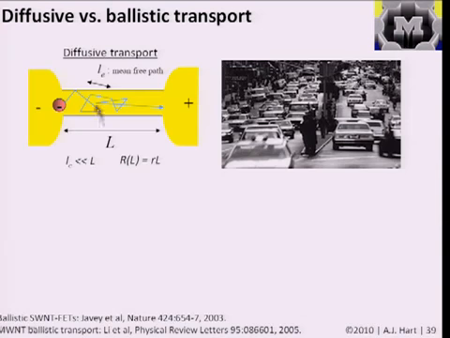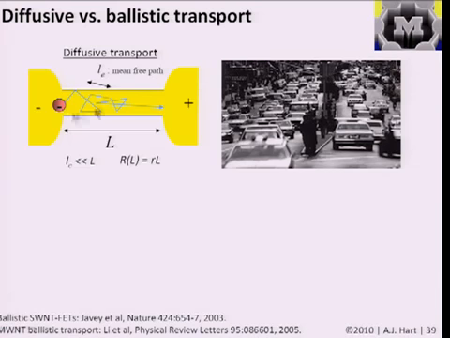But now I want to think about electrons, but keep the picture that this is a general picture of energy carriers. And first consider the case of diffusive transport, or the classical regime, where the length of our structure, or the length of our nanotube, is larger than the mean free path between collisions. So our carrier here, if it's one electron, can go into the nanotube, and it's likely to hit the wall or collide with things in the lattice many times before it reaches the output of the nanotube.